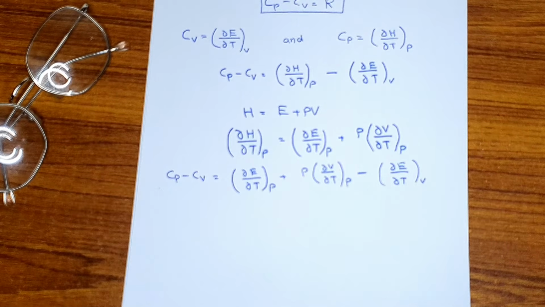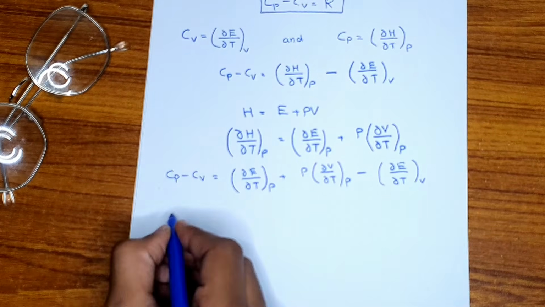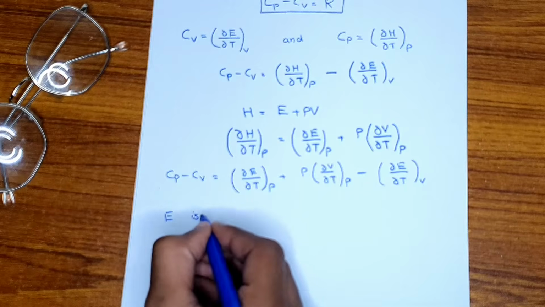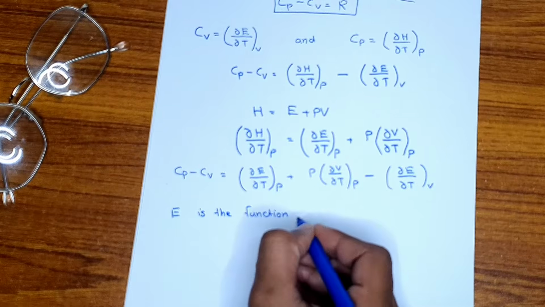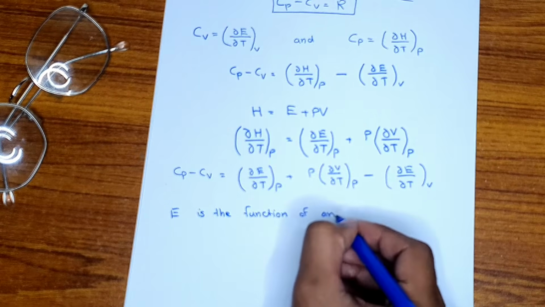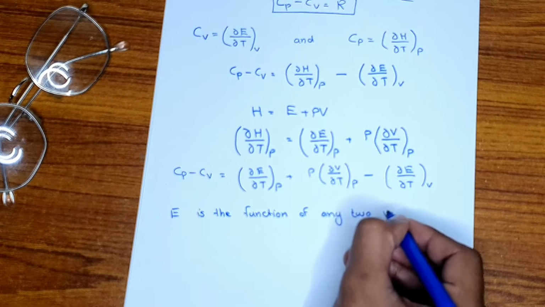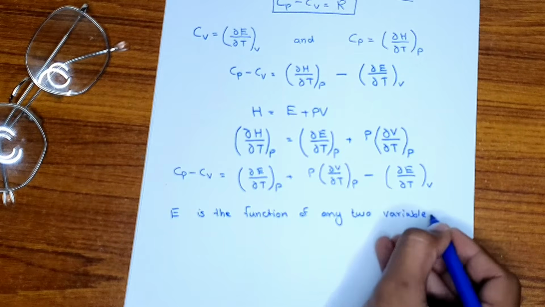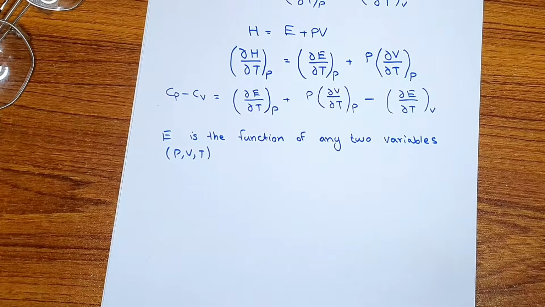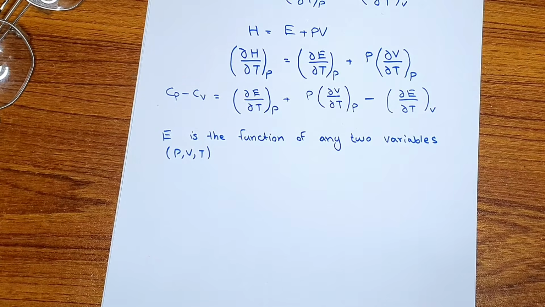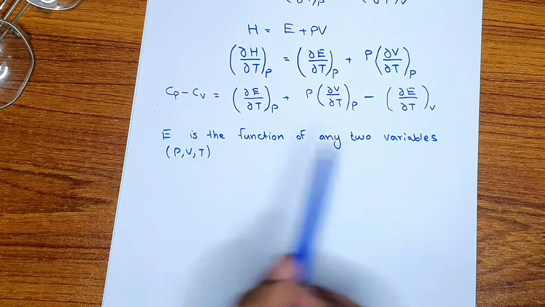So for that, first of all, you know that the energy E is a function of two variables. And what are these variables? These are pressure, volume, temperature. So what does it mean? It means that energy is a function of any two of these variables.